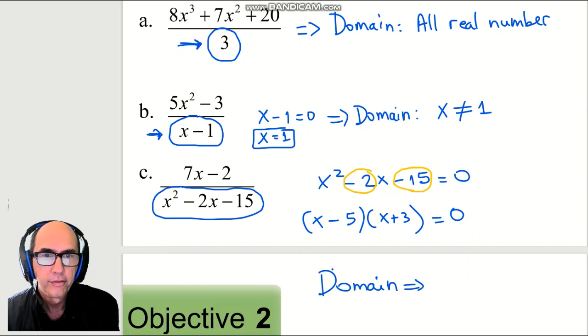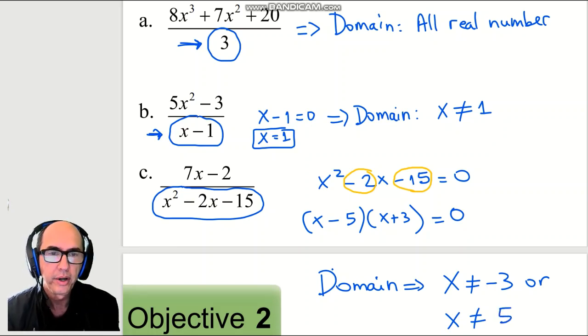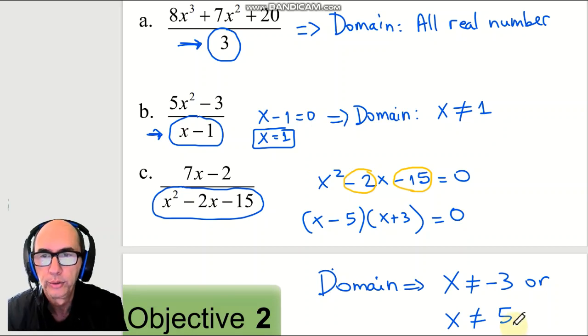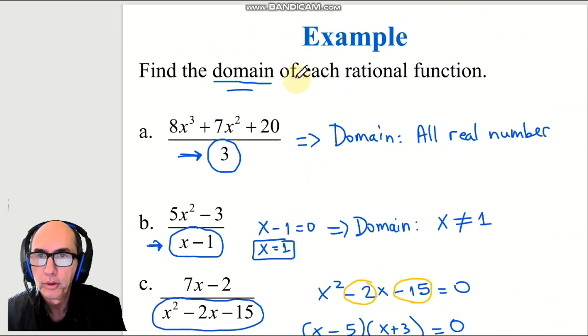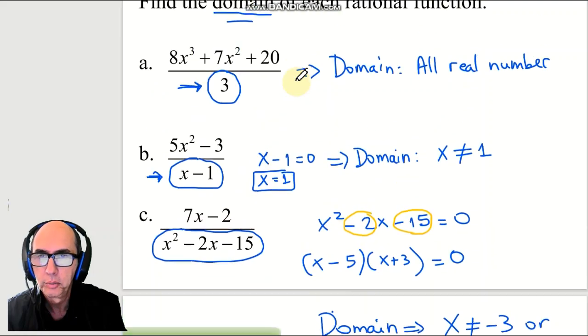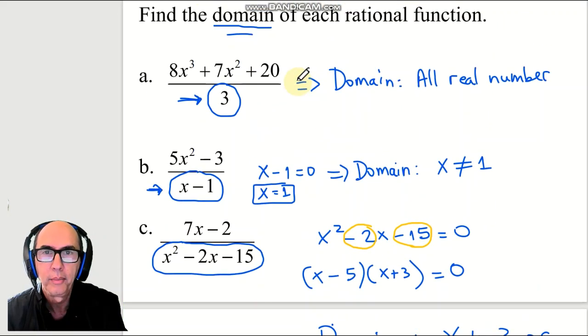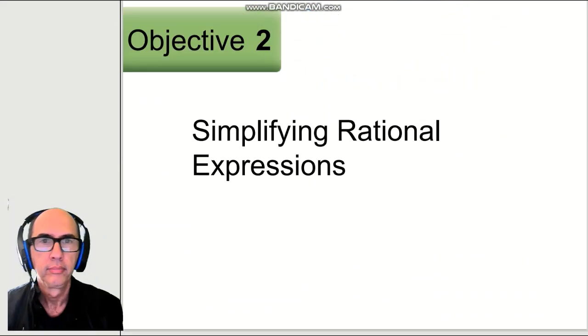We cannot have x equal to negative 3, or we cannot have x equal to 5. So all real numbers, but we will exclude negative 3 and we will exclude 5. Okay, so that's it about domain. This is just a small detail about the rational functions.